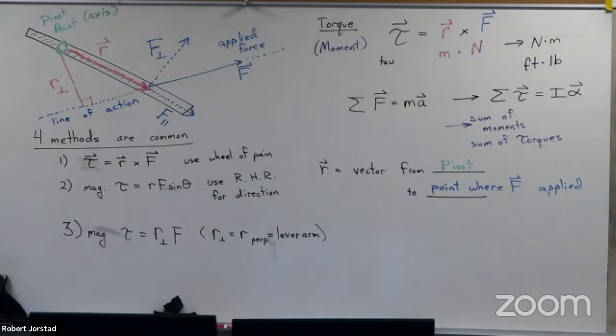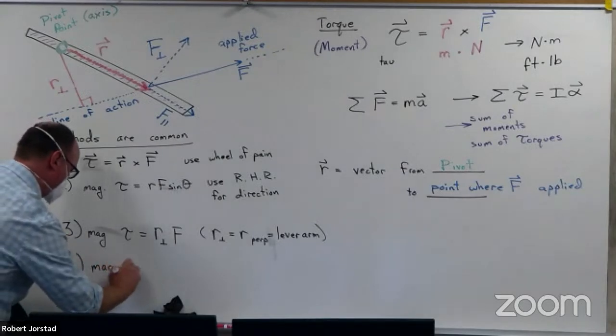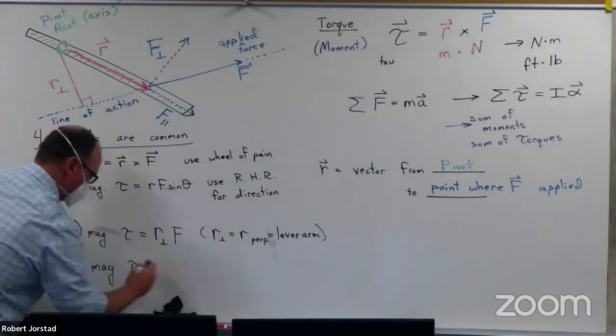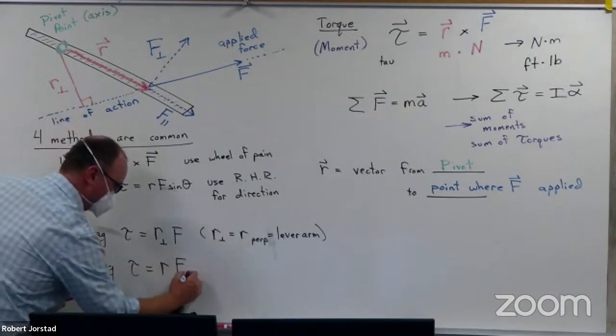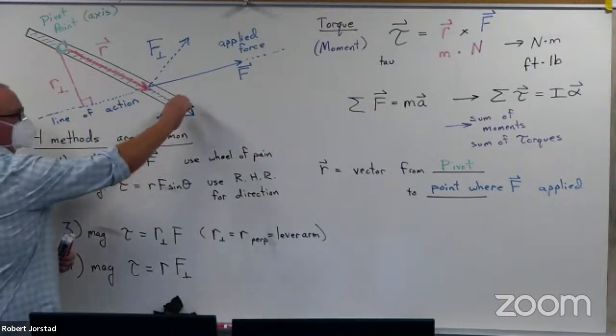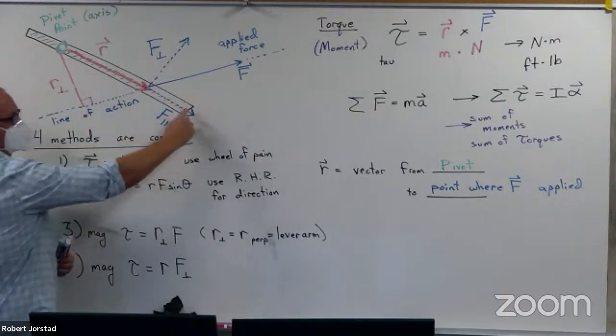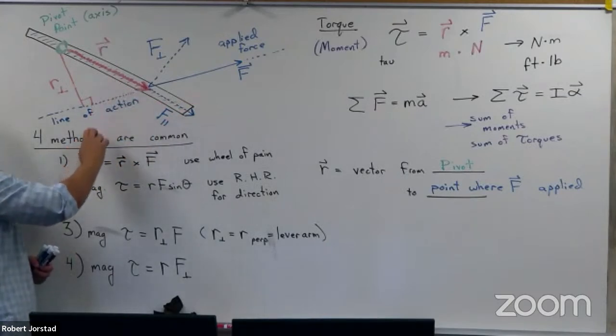And it turns out you could also write this last one, and then I'll call it a day. You could say the magnitude of the torque is actually the full radius times the perpendicular force. I don't know if this makes sense to you, but imagine if you pulled on this rod this way. If I was pulling this way, it wouldn't twist. The parallel component of the force should not cause it to twist.